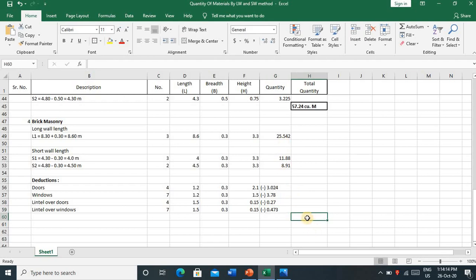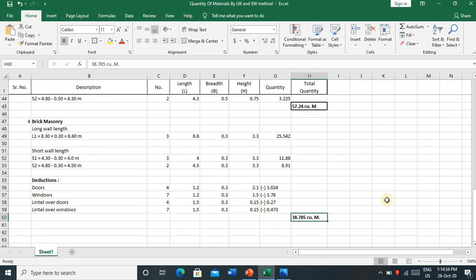So you need to write the total quantity here, and total quantity is 38.785 cubic meter. We will make it bold in the box.